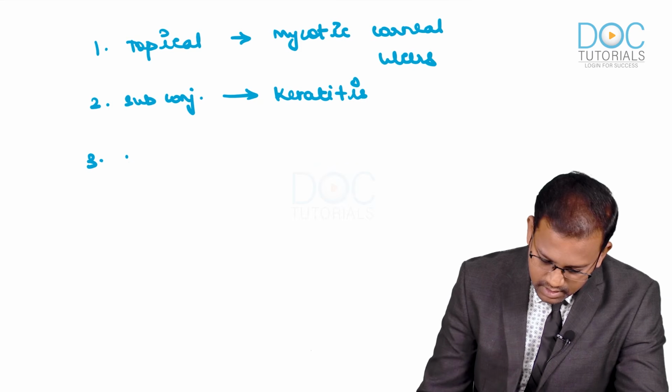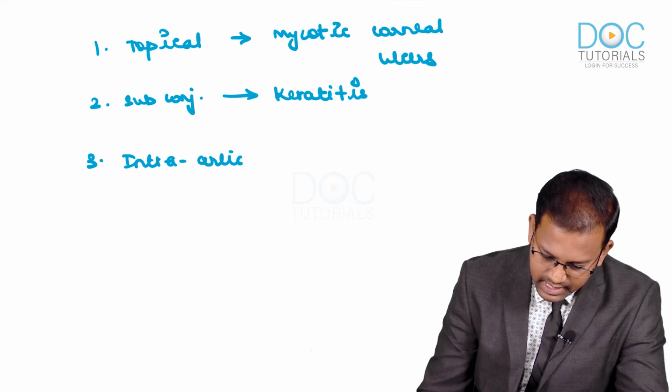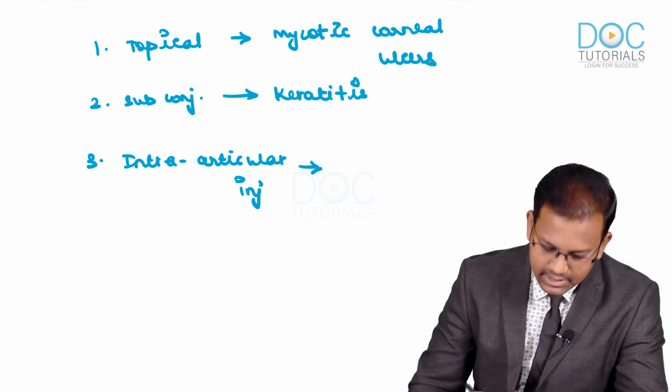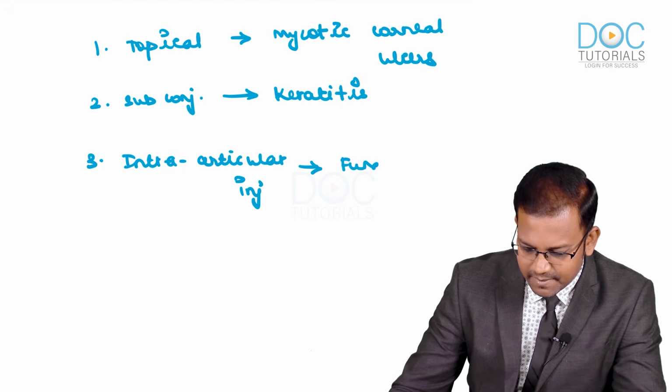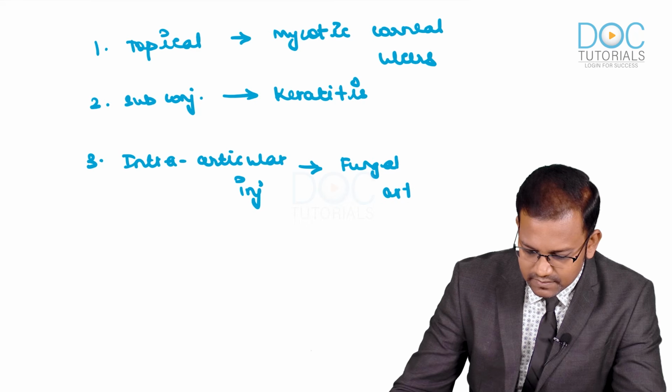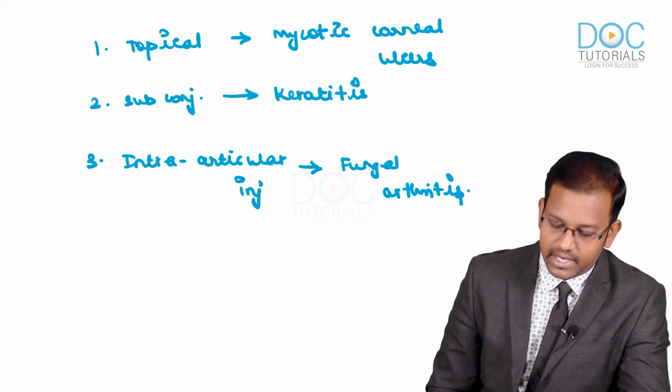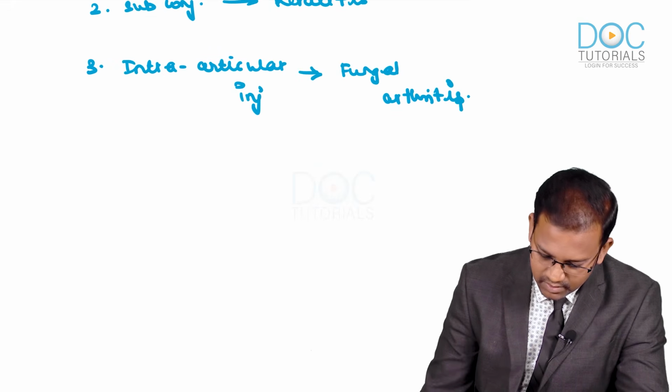The next one, we can administer amphotericin B as intra-articular injections, especially for, as the name implies, fungal arthritis.